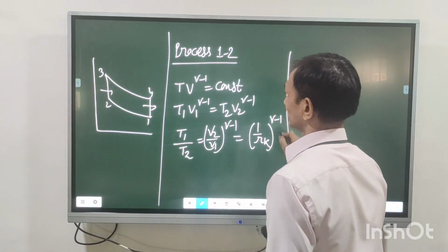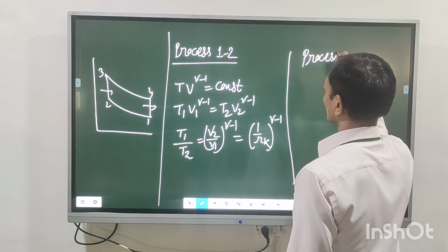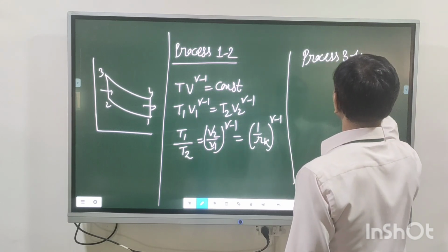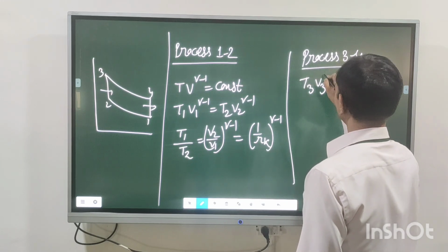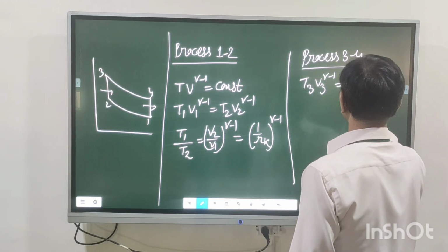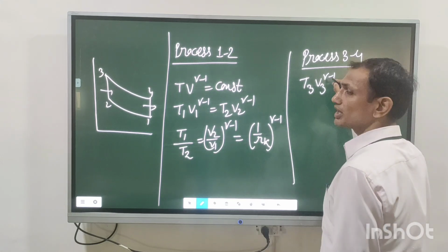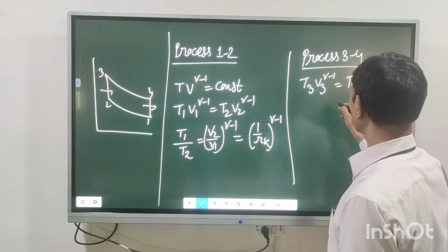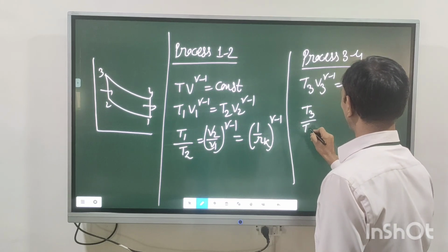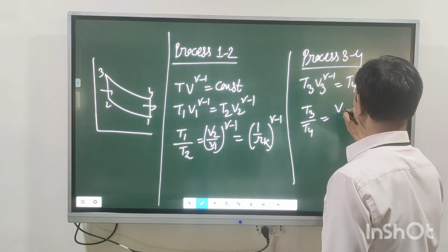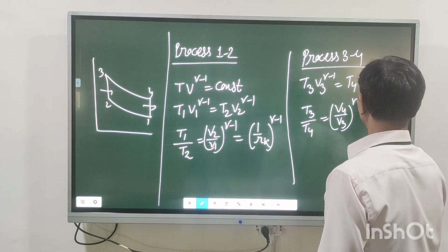Next, in process 3 to 4, once again T3 V3^(gamma minus 1) is equal to T4 V4^(gamma minus 1). Gamma is the adiabatic index. Now we find the value of T3 by T4, which is equal to (V4 upon V3)^(gamma minus 1).